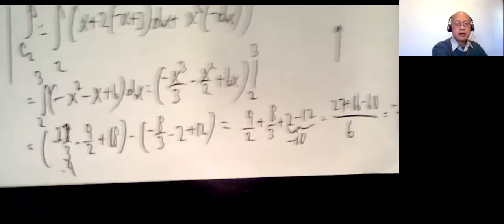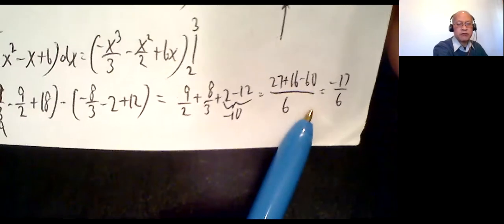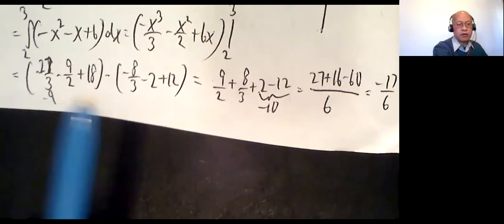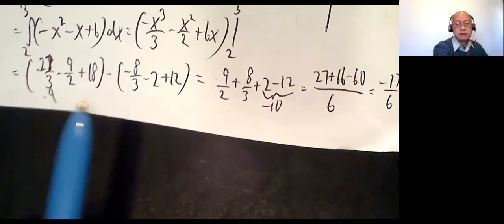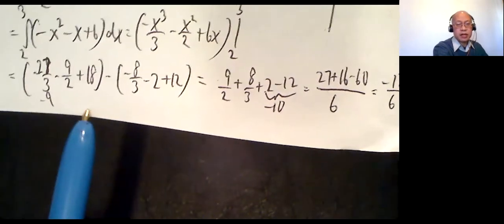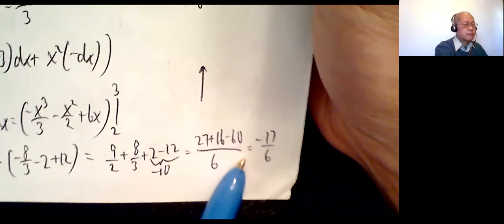So I worked it all out. It comes out to be negative 17 over 6. You can check over all my arithmetic. Theoretically, it should work out. Negative 17 over 6.